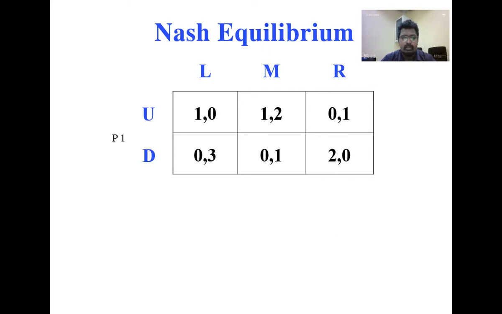First we'll go with player 1. What are the best strategy profiles for player 1? That is what we need first. Let me get to the board. Till then you can go through this and see what the best strategy profiles are, and then we'll discuss.